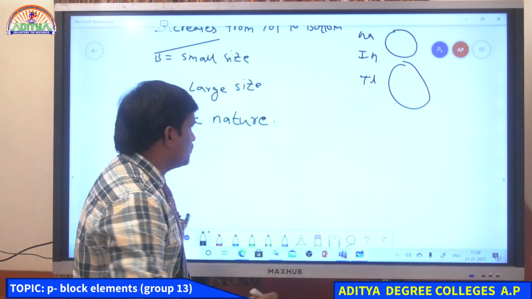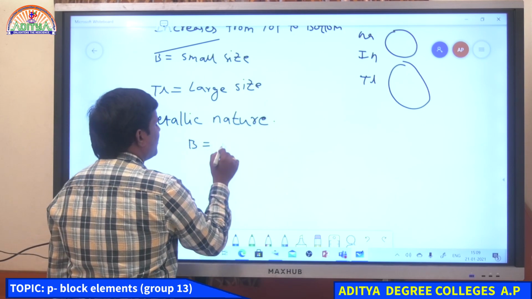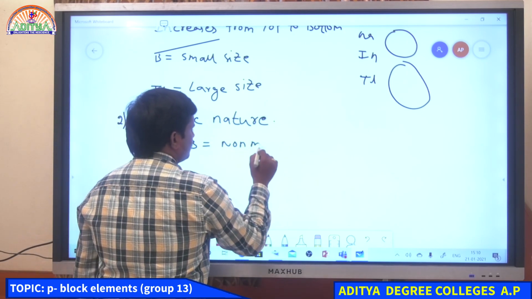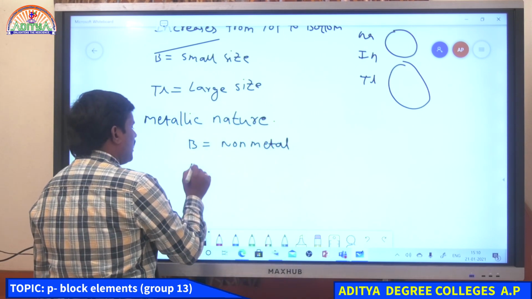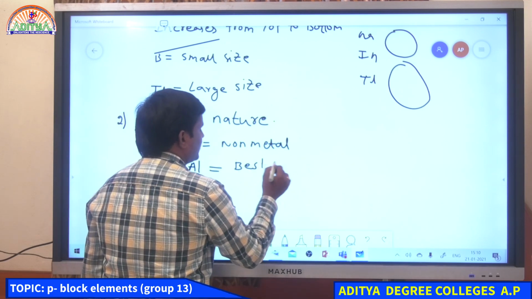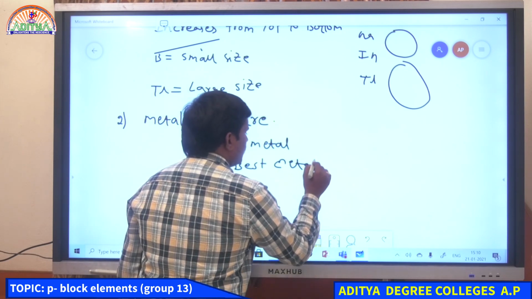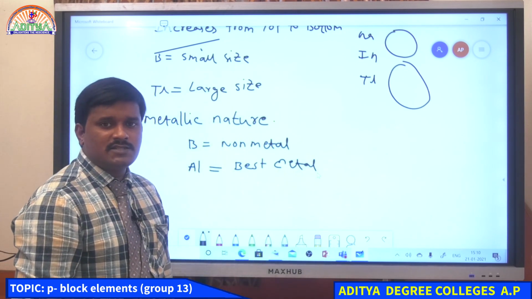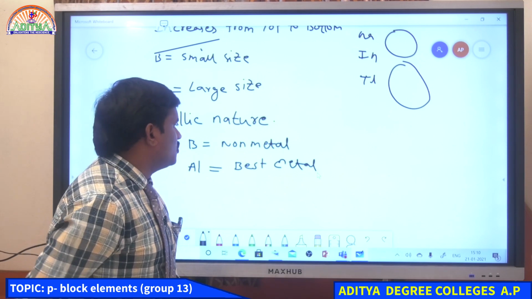In the 13th group, boron is a non-metal, completely non-metal, and aluminum is the best metal and a conductor. Therefore, metallic nature in the 13th group elements increases from top to bottom.